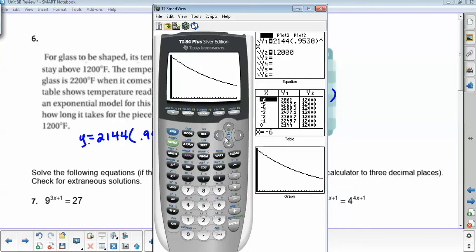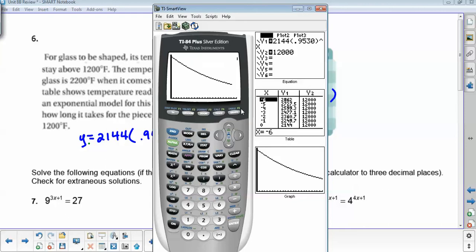And you can see that they're going to intersect at a certain point. Oh, I did 12,000, my bad. Y equals, go down, get rid of a 0. Okay, so now we should find out where they intersect.